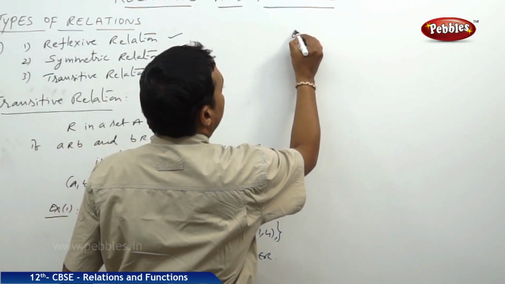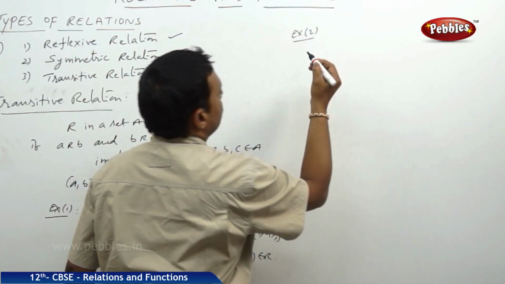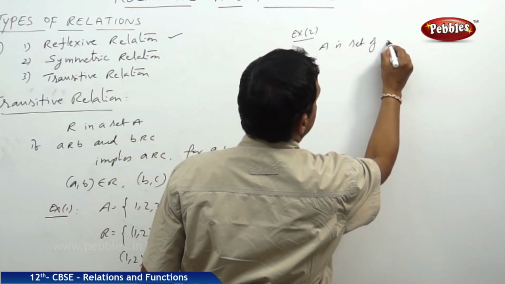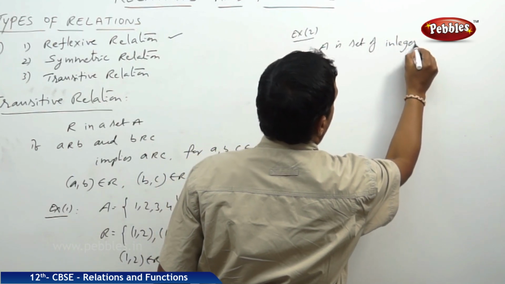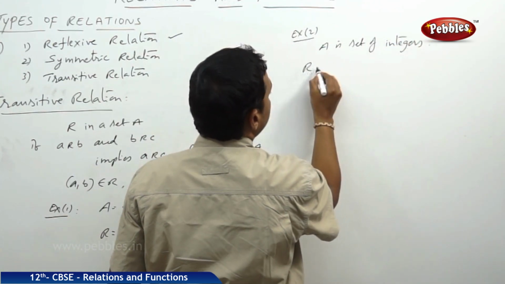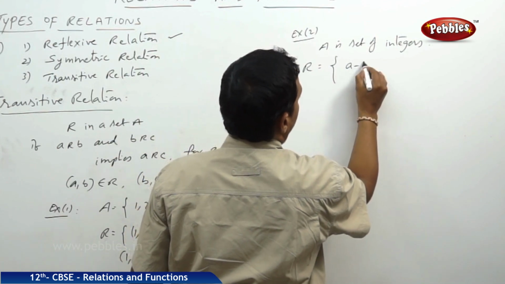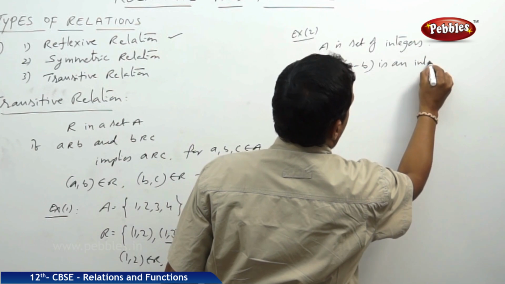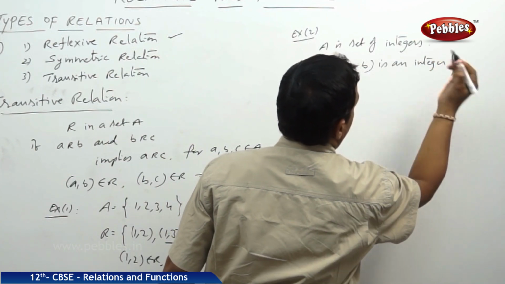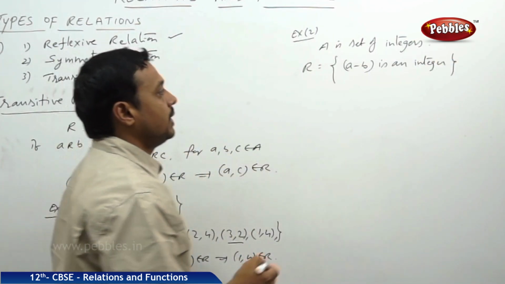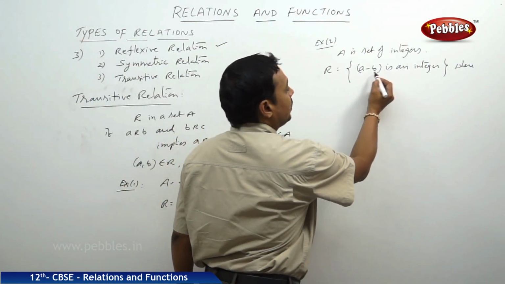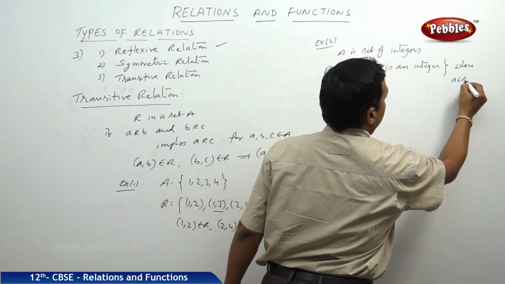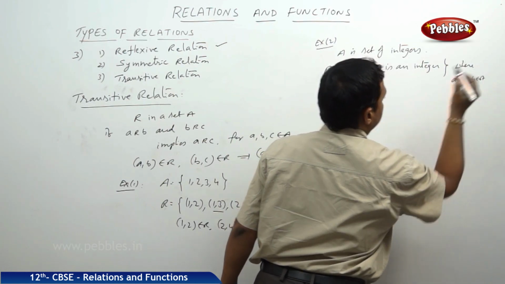Now consider one more example. A is the set of integers and R is the relation where (A, B) is in R if A minus B is an integer, where A belongs to the set and B belongs to the set.